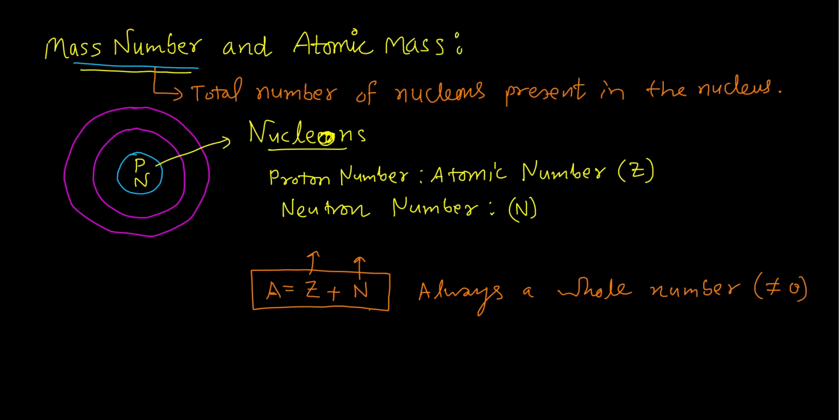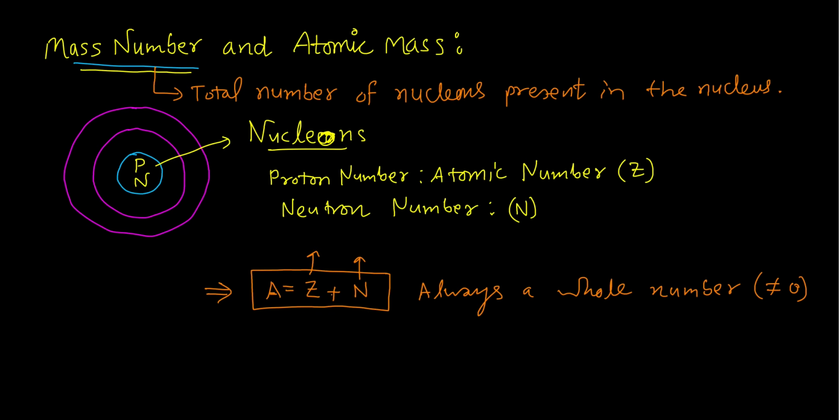So it is a natural number. This is mass number, which is the total number of nucleons, or the total number of protons plus the total number of neutrons present in the nucleus of an atom.